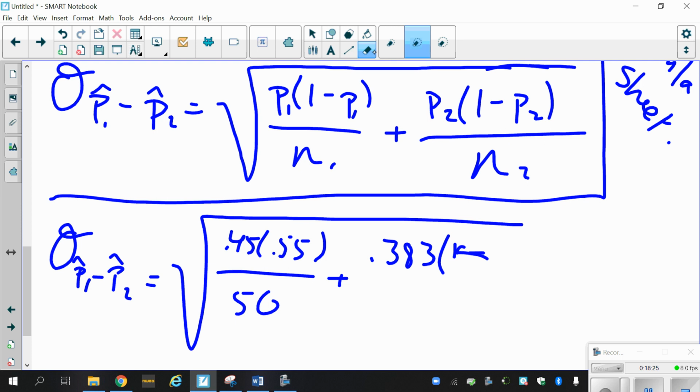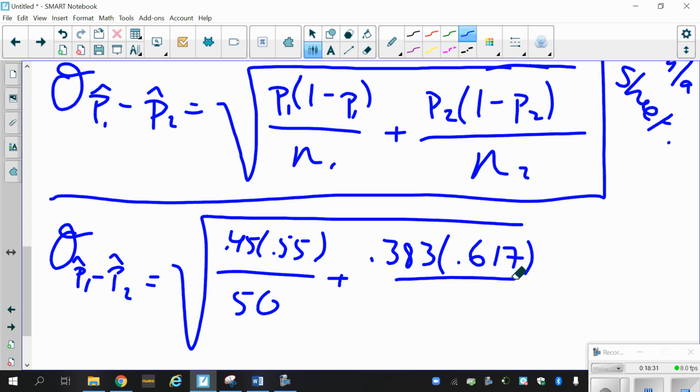Let's see, 0.617 divided by 40. And my calculator is showing 0.1042.